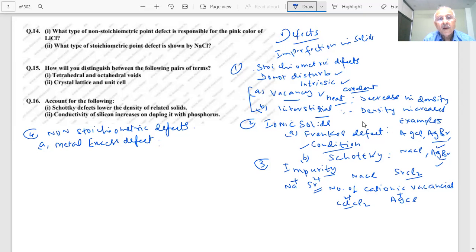Metal excess defect is a type of defect which is exhibited mainly by the alkali halides in which there is excess of metals. What is the condition? In this, the vacant anionic sites will be occupied by unpaired electrons. When will it happen? When the crystals are heated.